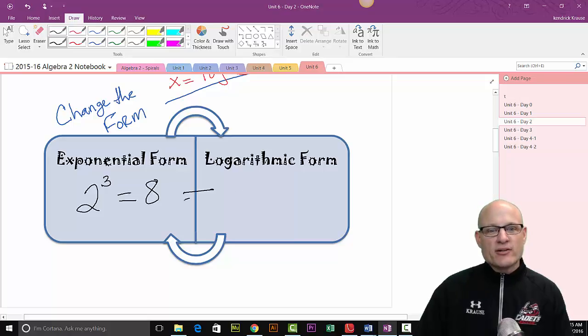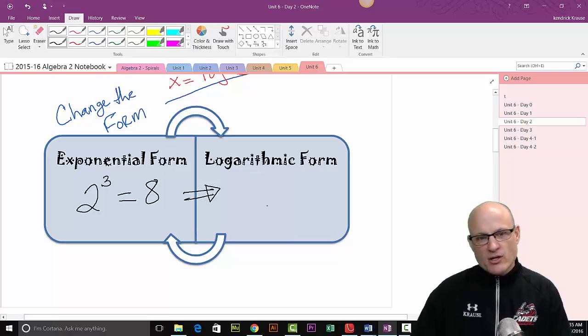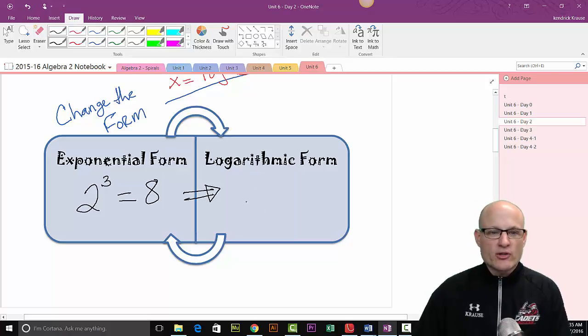Well, I'm going to show you using logs as well, where 2 is the base, the 3 is the exponent, and on the right side, this is just the number. We'll call this Ben. We're going to change the form using Ben.